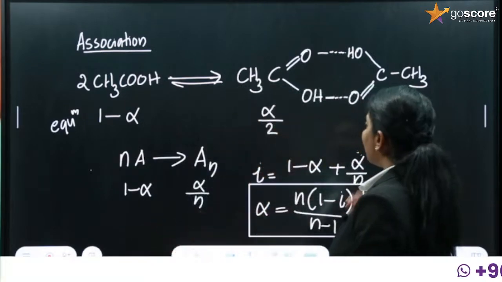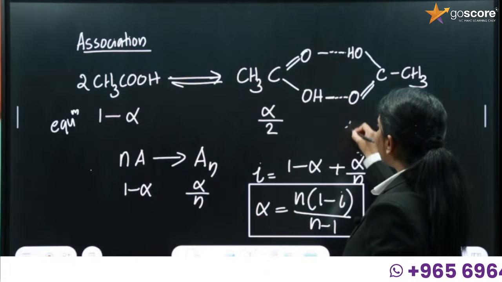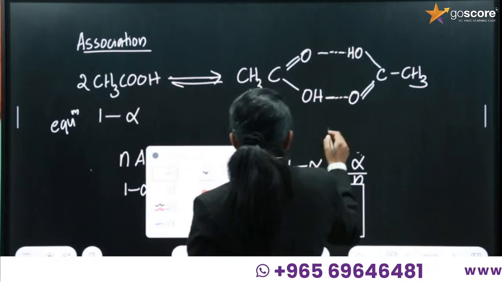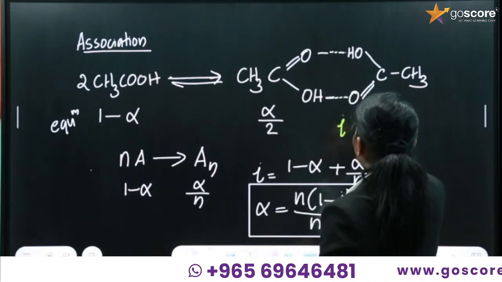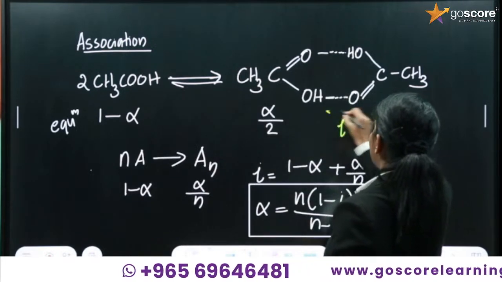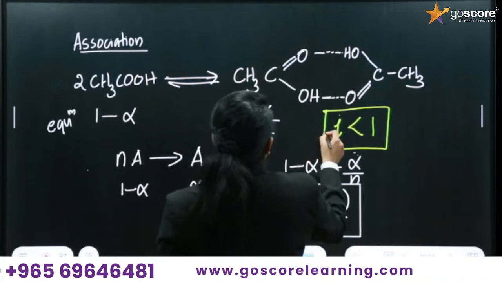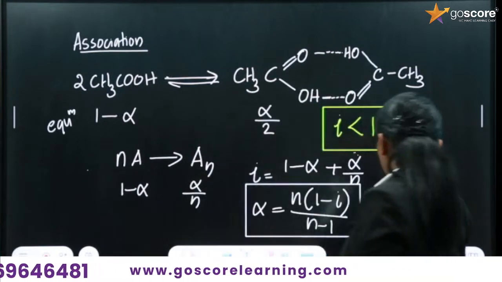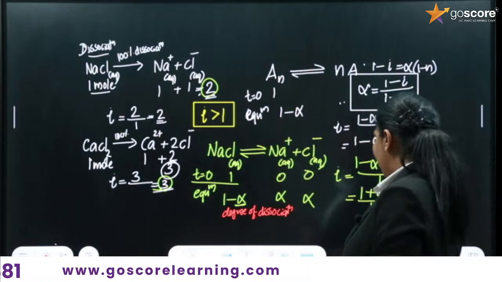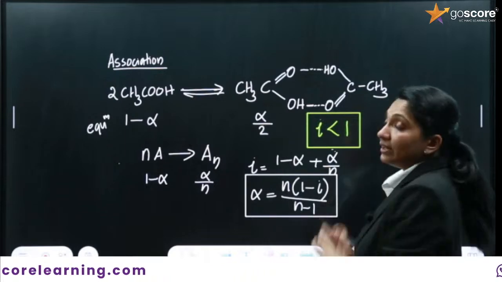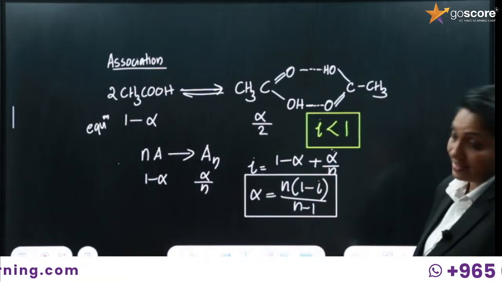So based on this, for association, what will be the I value? For association, always the Van Hoff factor value will be less than 1. What we discussed for dissociation, always the I value will be greater than 1, and for association, the I value will always be less than 1.